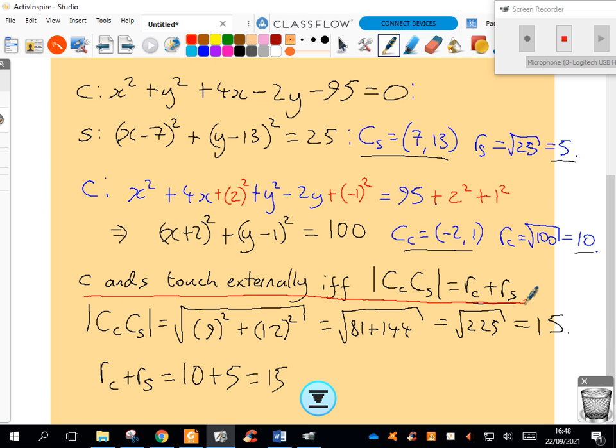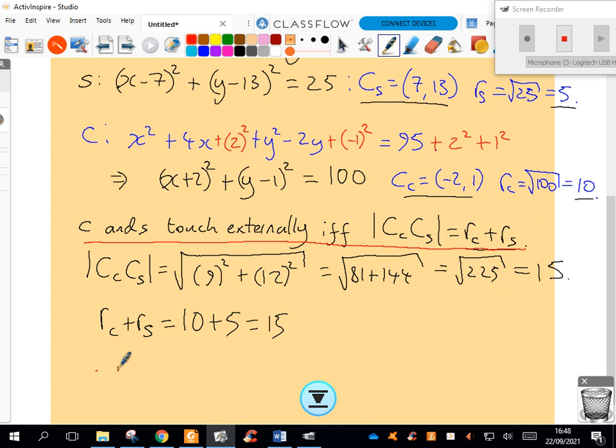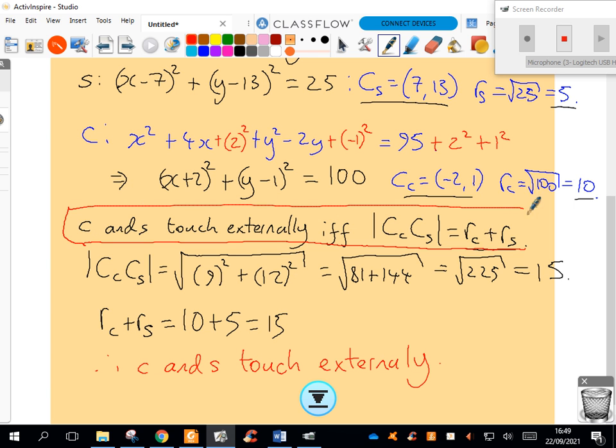The distance between their centers is equal to the sum of their radii. The distance between their centers is 15. The sum of their radii is 15. Conclusion: therefore, C and S touch externally. Simple as that. Okay, make sure you learn this by heart.